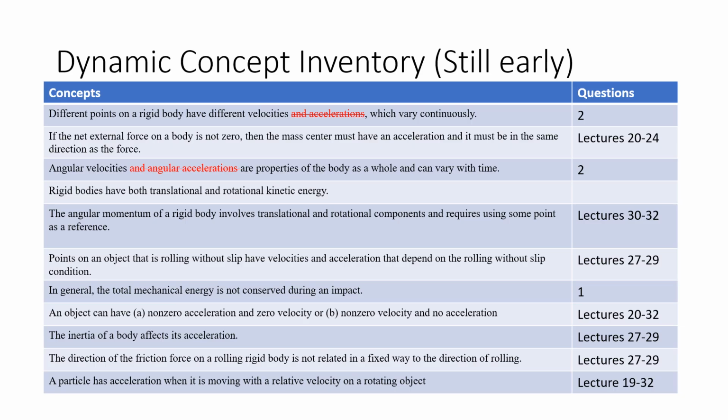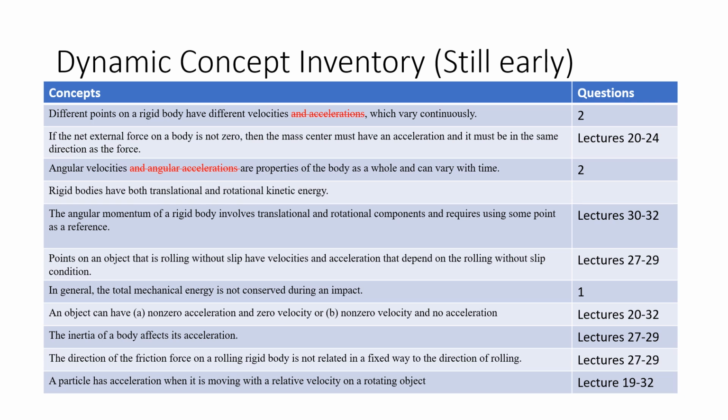Now, this is going to be important, and it's something I put into the syllabus on an annual basis, and I kind of encourage you to read it. But this quiz can't cover everything in this dynamic concept inventory. What it does say is that different points on a rigid body have different velocities, but we don't test you on accelerations.